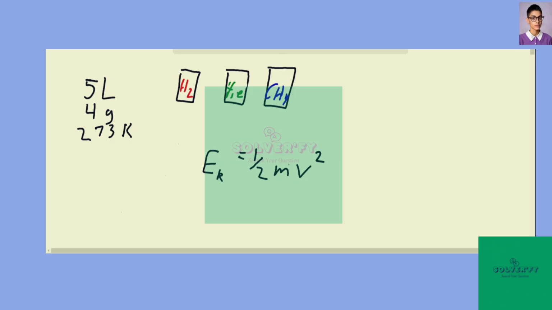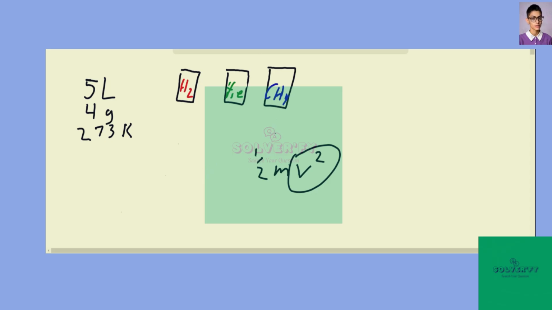But in this case, what is far more important is going to be the speed of these. Like I just said, smaller particles will move faster. And since this is squared, it's a much bigger factor when we're looking at things that, while they differ in mass, don't differ that much in comparison. So H2 will be the highest, helium will be in the middle, and CH4 will be the lowest. You'll probably notice that there's often a pattern here.